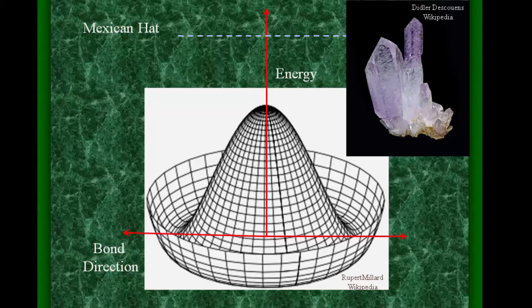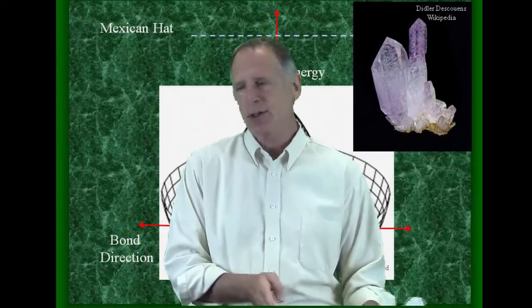But as the energy gets lowered and it comes down to the top of the hat, that's the freezing point of water. At the top of the hat, we have a phase change, from a liquid to a solid, and when the ice forms, nature's saying, choose a direction, ice. You've got to choose which way you want to grow, and the way it rolls off the top of the Mexican hat is the direction it takes when it starts to crystallize.